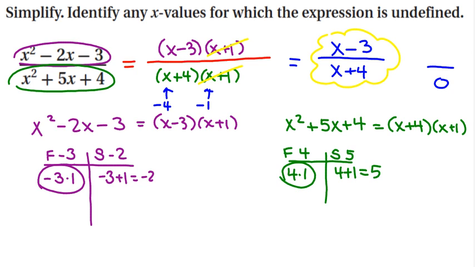If I substitute negative 1 in for x, negative 1 plus 1 makes it 0, undefined. So the domain restrictions: x cannot be negative 4 and x cannot be negative 1. As we move through our class, we'll learn more about what domain restrictions do when we graph functions.